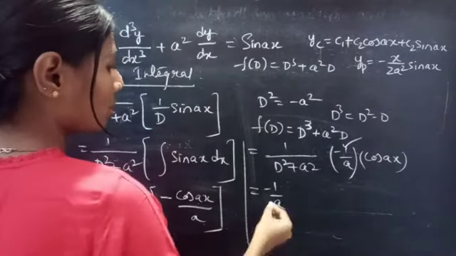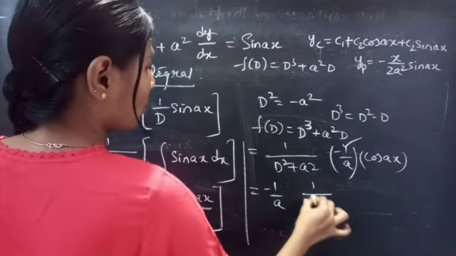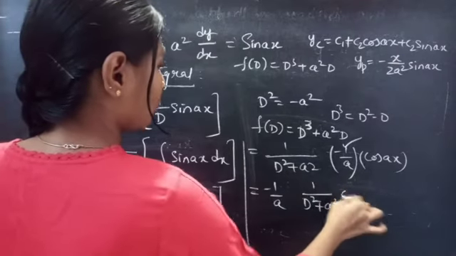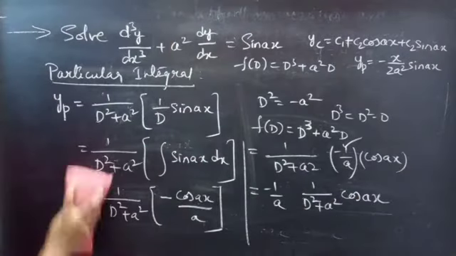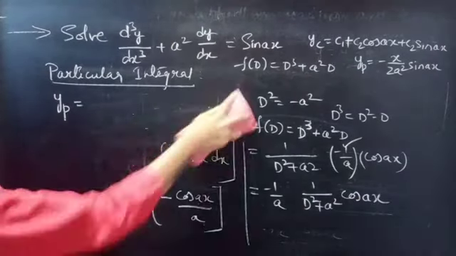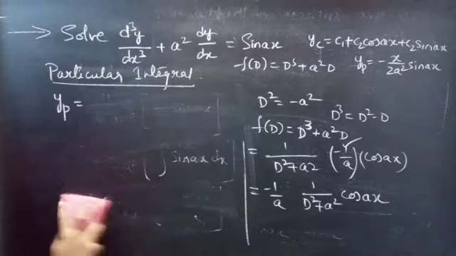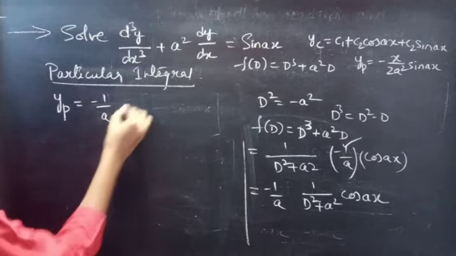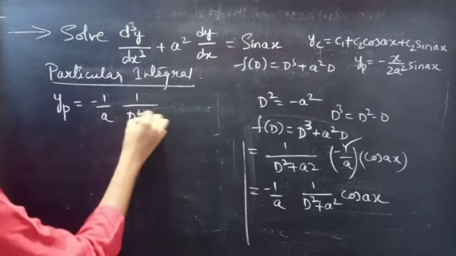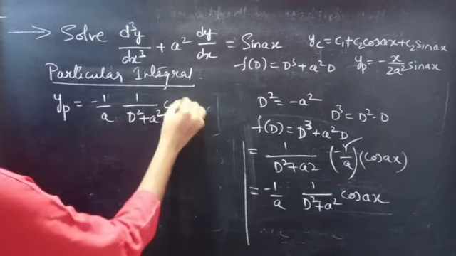Then we'll get minus 1 by a into 1 by D square plus a square into cos ax.